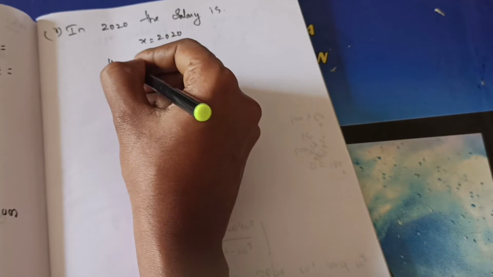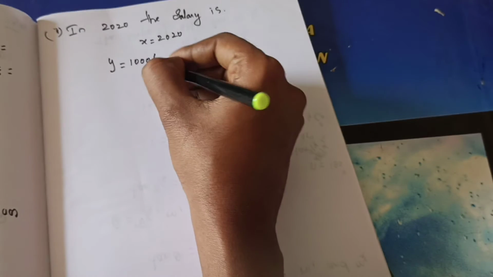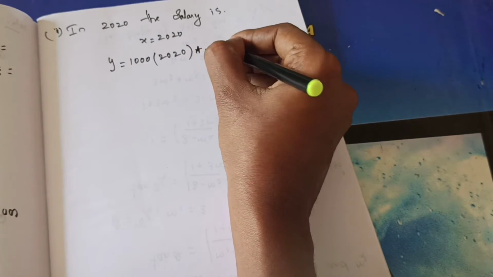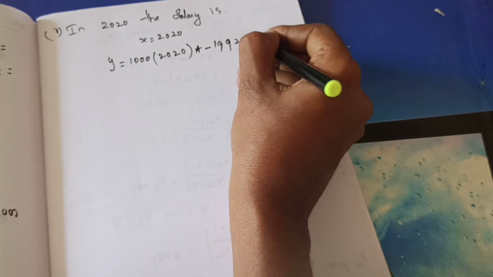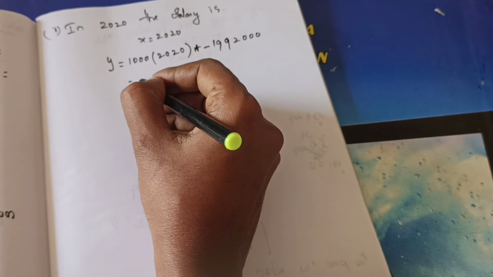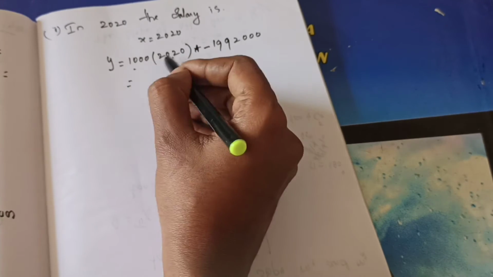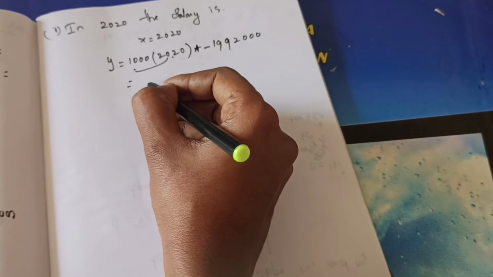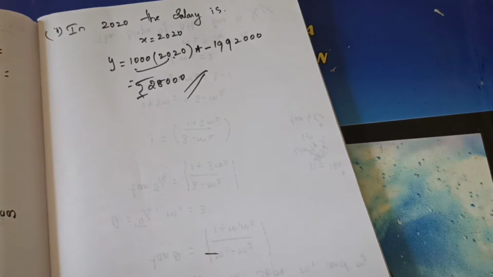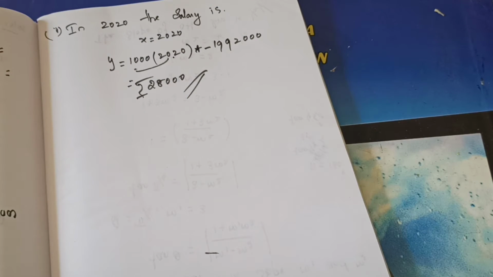So, apply here. y is equal to 1000 into 2020 minus 1,992,000. Simplify. This you multiply, then subtract it. You will get the answer as rupees 28,000. Understand, students? So very easy.